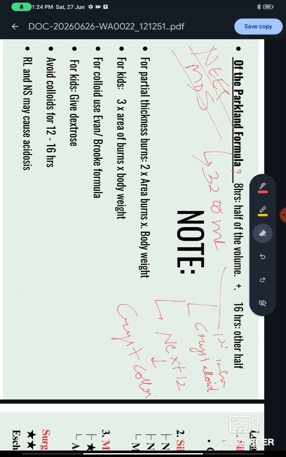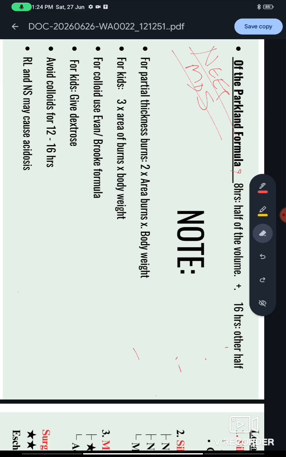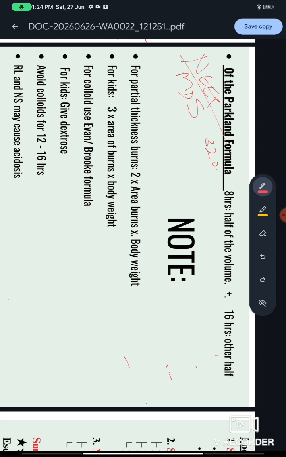So what the Parkland formula says, if for example 3200 ml is calculated by the Parkland formula, for the first 8 hours you have to give half of the volume, which is 1600 ml, and for the next 16 hours you have to give another 1600 ml.